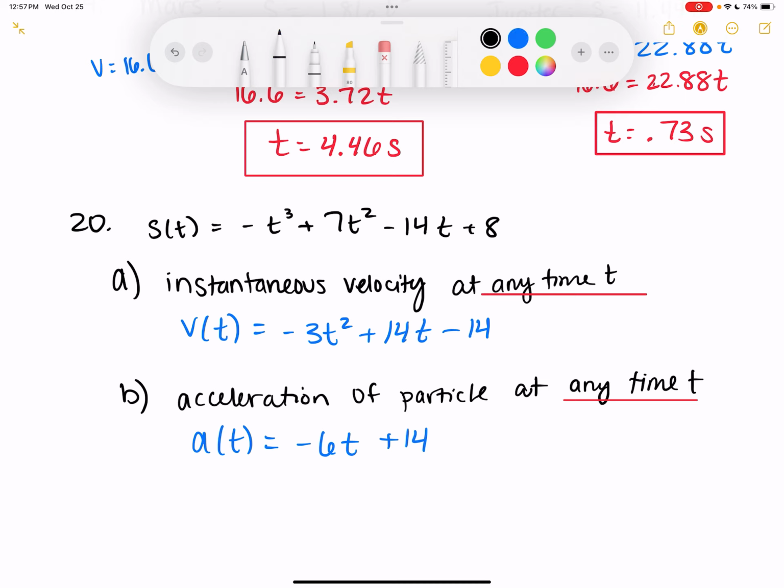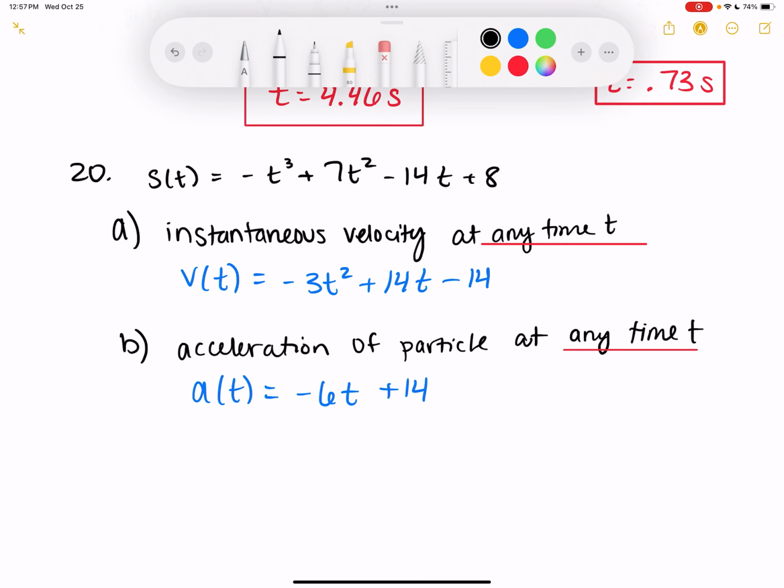All right, and then the last part that we're going to do of this problem, part C, says, when is the particle at rest? Any ideas what I might need to do to figure that out?